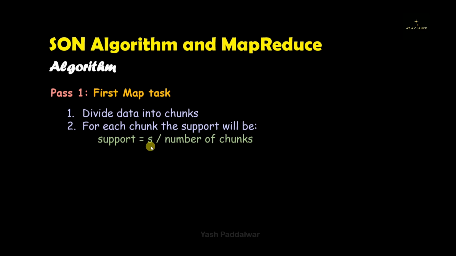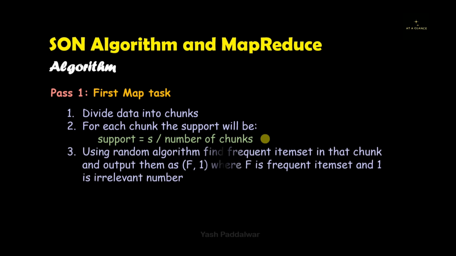So the support for each chunk will be the support for the entire dataset divided by the total number of chunks. Let's say we have the support for the entire dataset as 4 and the total number of chunks is also 4. So the support for each chunk will be 4 by 4, which is 1. I hope it is clear how we calculate the support for each chunk.